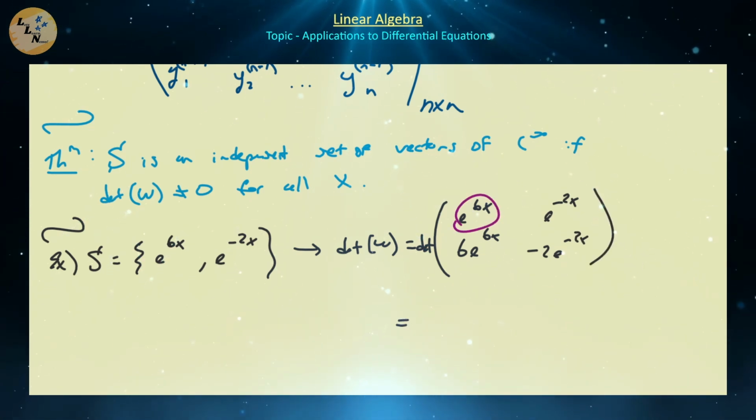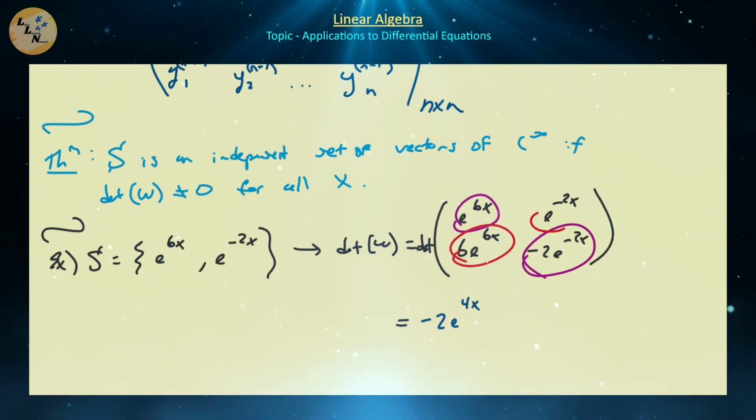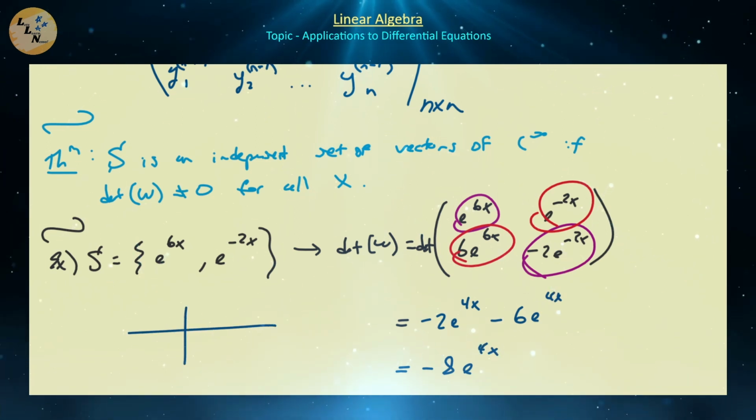It's going to be e to the 6x times minus 2e to the minus 2x, which is minus 2e to the 4x, and then minus the product of the off-diagonal entries, 6e to the 6x and e to the minus 2x, which is minus 6e to the 4x. We can simplify that to minus 8e to the 4x. And what does minus 8e to the 4x look like? It's an exponential that goes down, which is never going to be equal to 0 for all x.